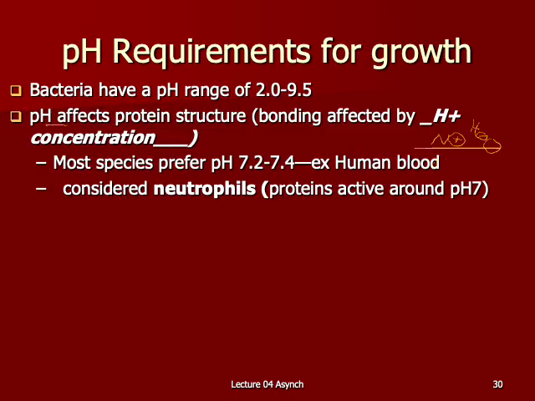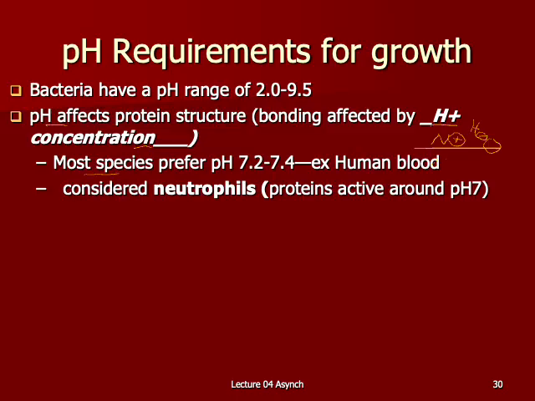So the H plus concentration affects protein structure. And again, if you change the proteins' structure, you're going to change their function, their activity. So pH affects protein structure, and that'll affect activity. Therefore, they're very sensitive to pH.